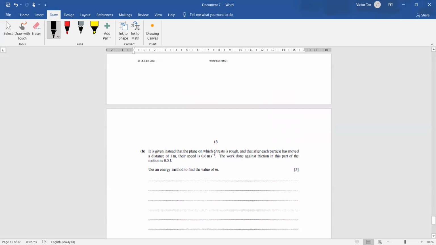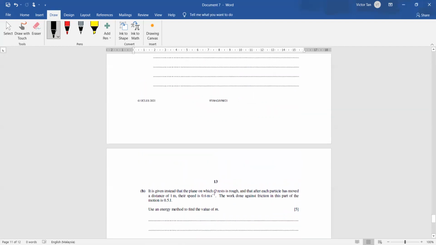It's given instead that the plane on which Q rests is rough and that after each particle has moved a distance, their speed is 0.6 meters per second. The work done against friction in this part of the motion is 0.5 joule. Use energy methods to find the value of m.